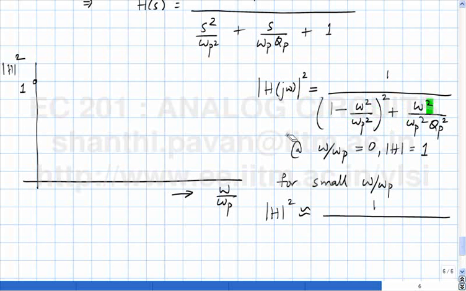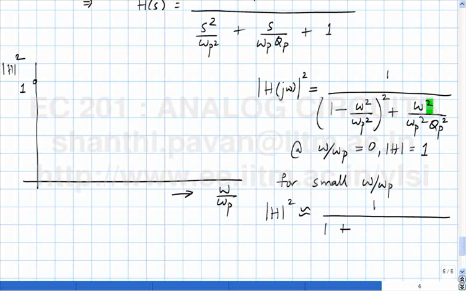So if I expand this out, what all powers will I get? I will get a term of the form omega square by omega p square. I will also get a term of the form omega by omega p whole to the power 4. So for small values of omega by omega p, I will be able to neglect the fourth power in comparison to the second power.